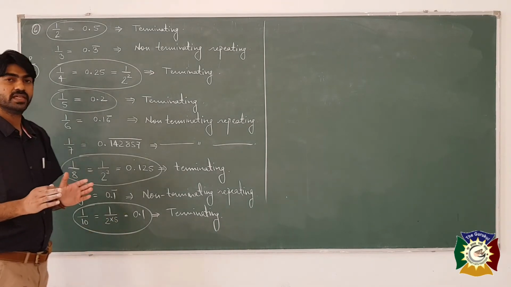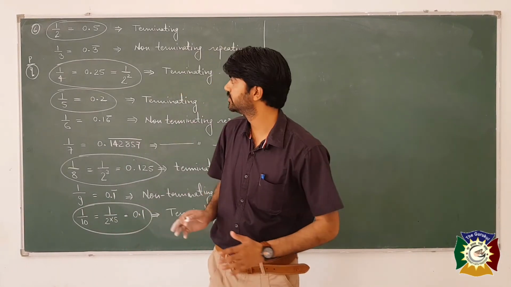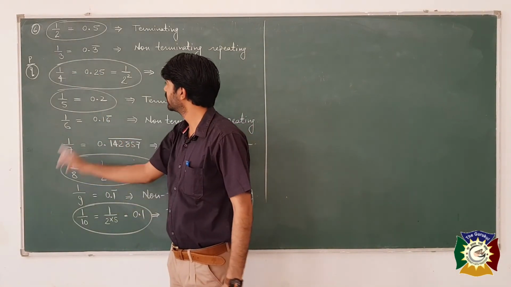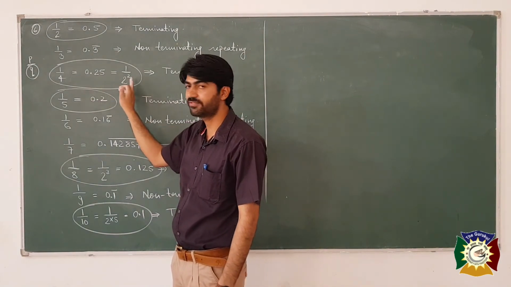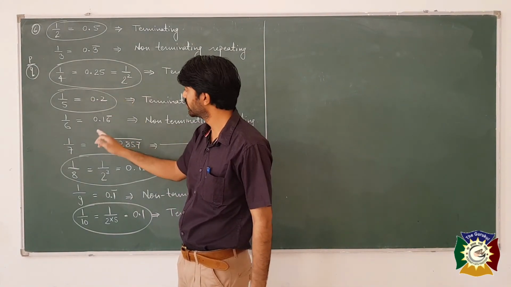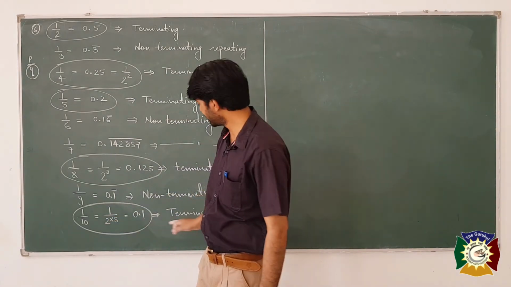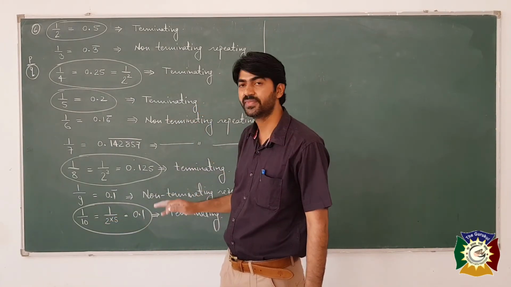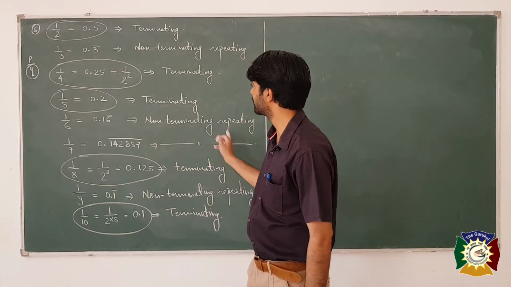If the prime factorization of the denominator contains only 2 or 5 or both 2 and 5, then we get terminating decimal expansion, otherwise we will get non-terminating repeating decimal expansion.